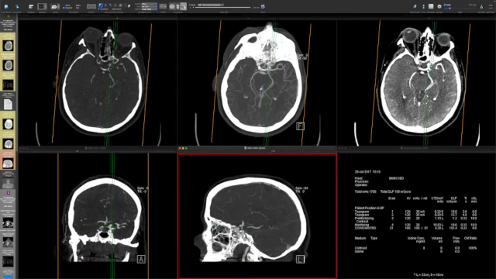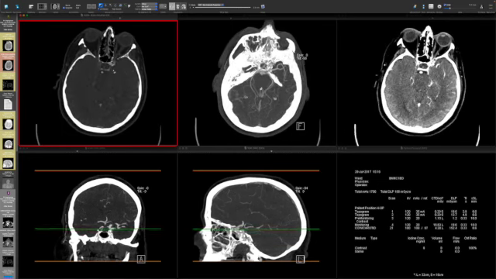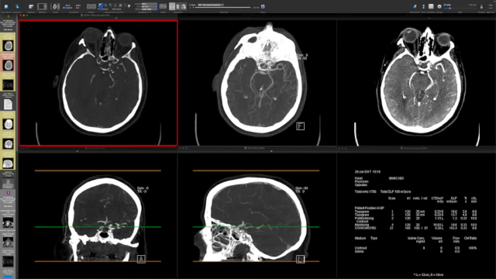And you can see that on these reconstructions here. There's a little bump that's off the bottom of the supraclinoid segment of the ICA. That's actually a tiny aneurysm. It's a little branch that basically goes down into nothing, right here at the tip of the arrow.